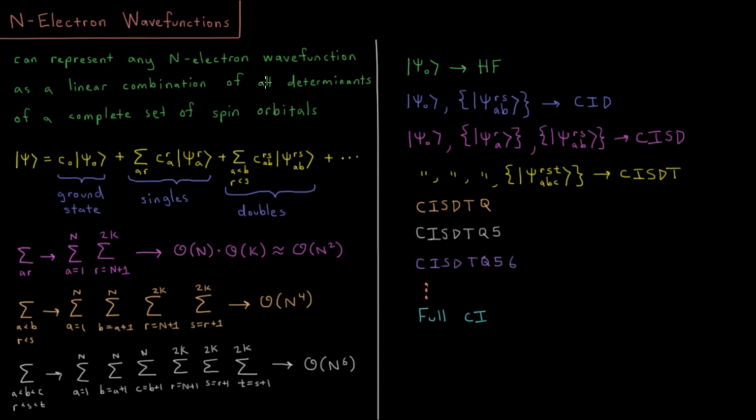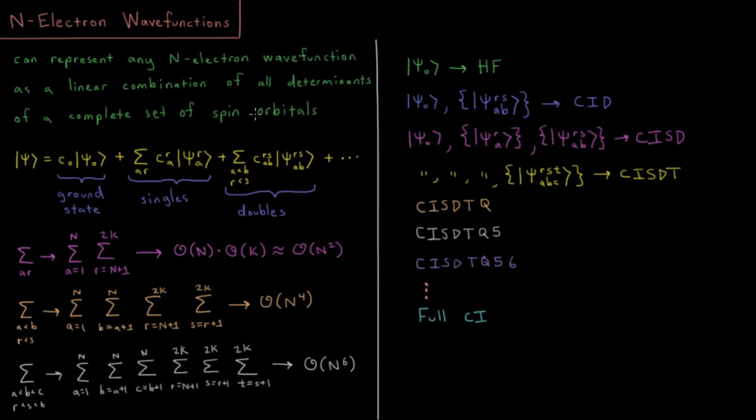And we're also saying now that we need to do a linear combination of all of these determinants. We saw in the previous video that excited determinants are ones where we don't just put all the electrons in the lowest energy spin orbitals available, and there's way more of those than there are of the ground state.